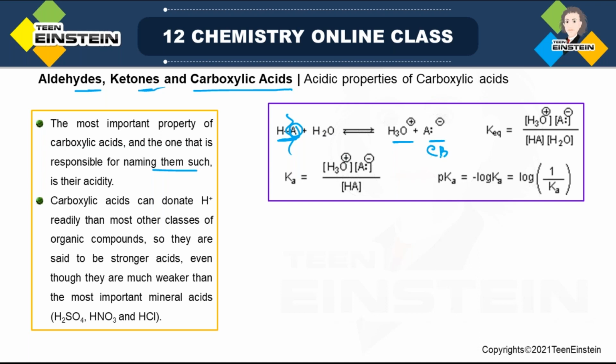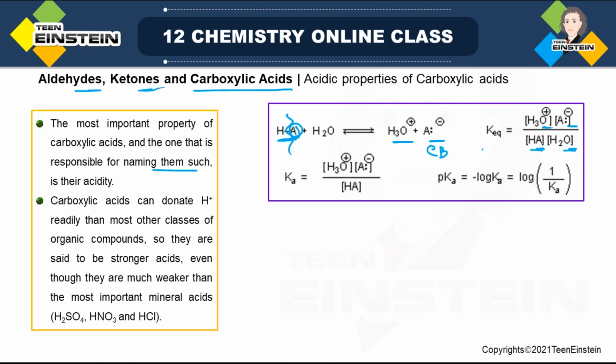I am writing K equilibrium for this reaction. Whatever species you have on the right hand side, just take the concentration and divide by the undissociated HA, because all the molecules will not be ionized. So this is the undissociated HA. Water is also present as solvent. Sometimes it is ignored because it is present in large excess, right?